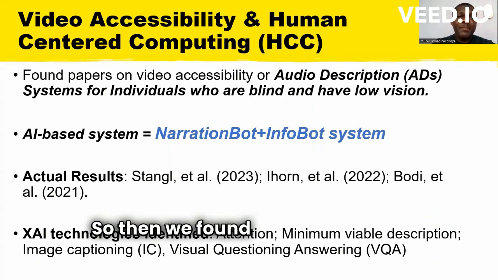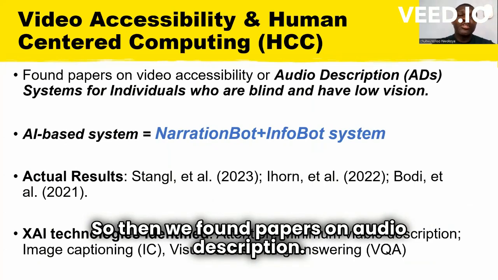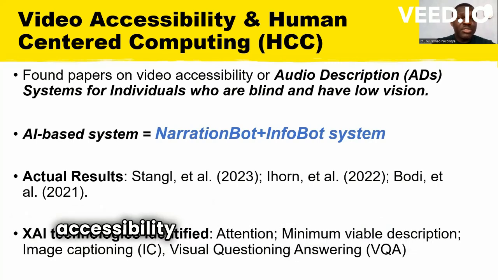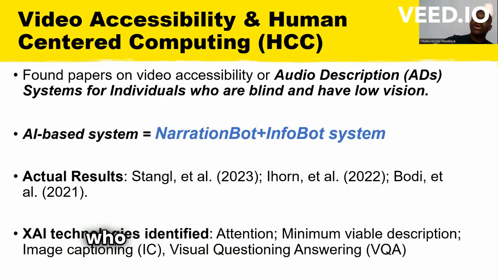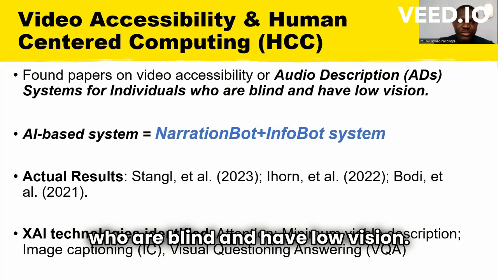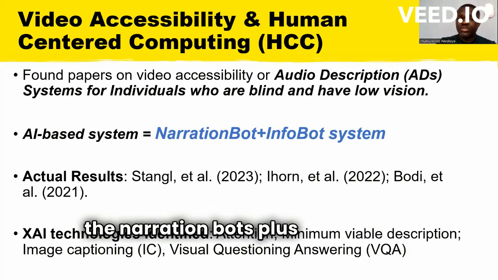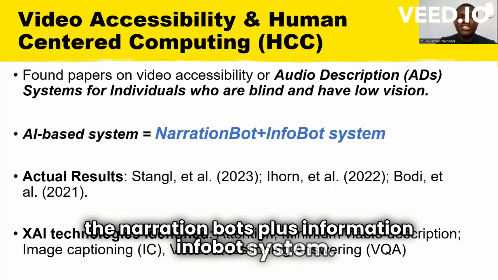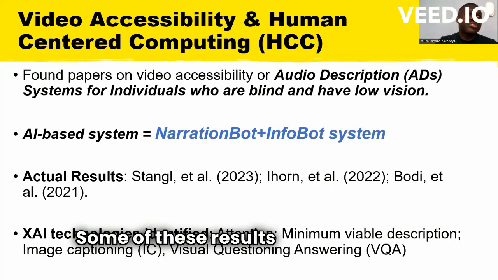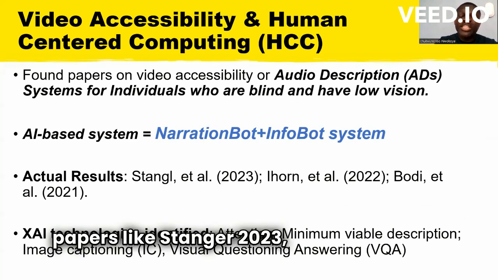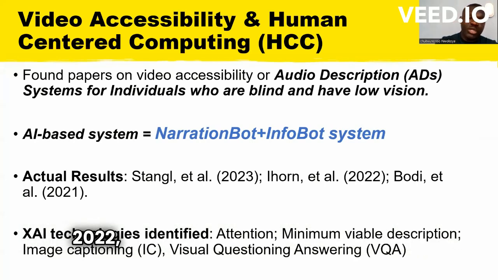Then we found papers on audio description, and papers on video accessibility or audio description systems for individuals who are blind and have low vision. The name of the system is the Narration Bot plus Infobot system. Some of these results were evident in papers like Stanger 2023, Ehon 2022, and Body 2021.